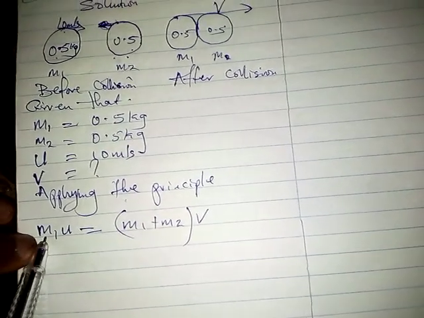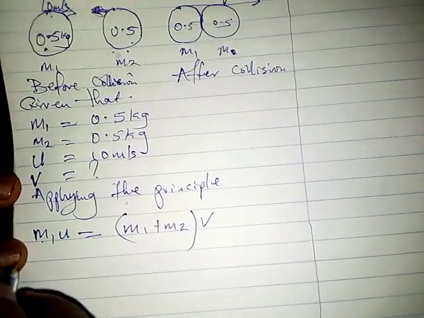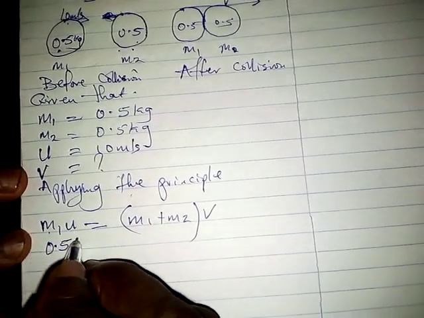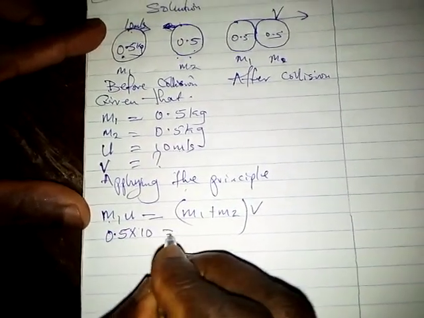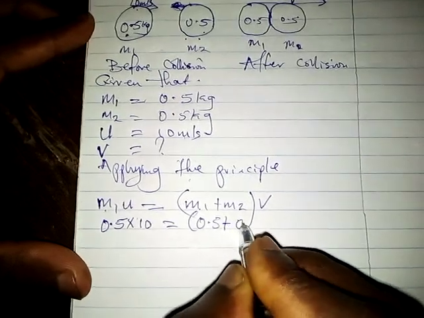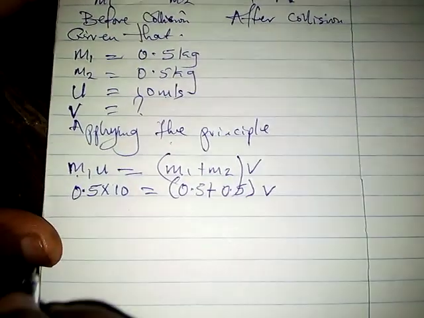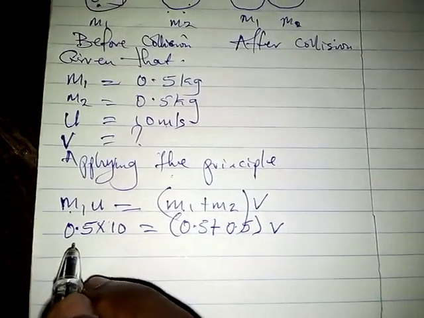Now we are going to pick M1 because it's mass 1 with its initial velocity. So we say M1, which is 0.5. What is our U? Our U is 10. So we introduce 10 equals open bracket, M1 is 0.5 plus 0.5 again, close the bracket, V. All right, so our next step we say 0.5 times 10. Are you with me?